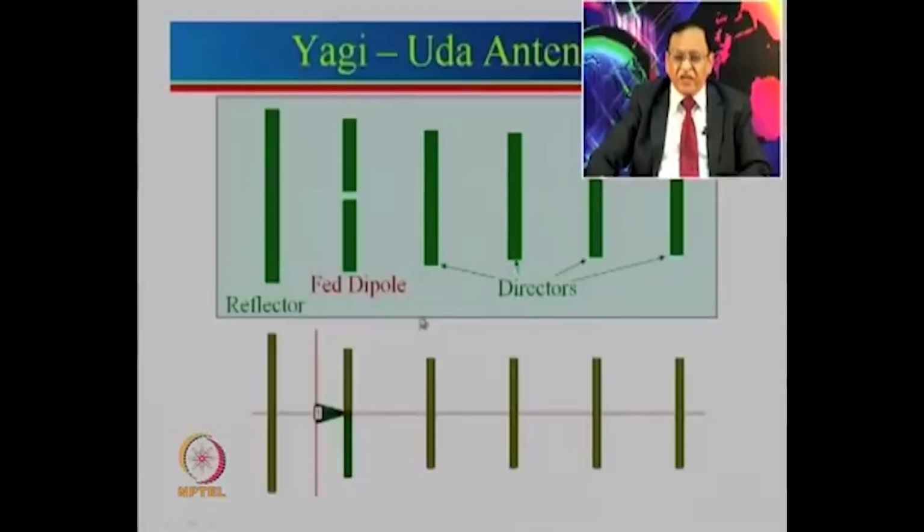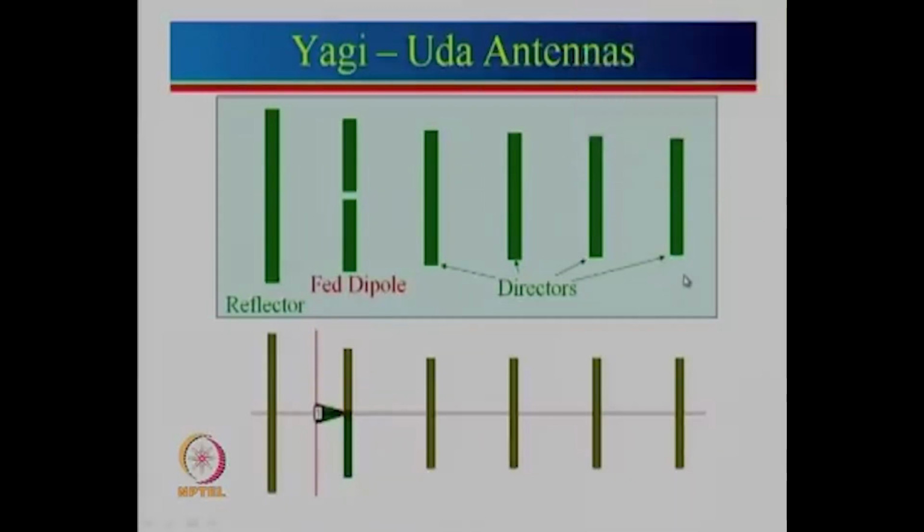Yagi-Uda antennas in general are designed for higher gain. However, there is a limitation on higher gain also. Typically a Yagi-Uda antenna can achieve about 7 dB for 3 to 4 elements, up to about 10 to 12 dB. Very rarely do people use 15 dB or more.